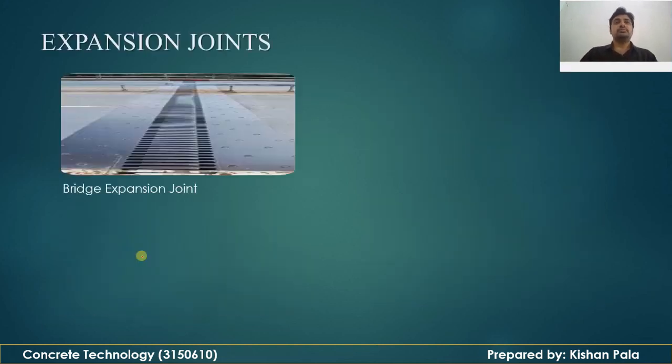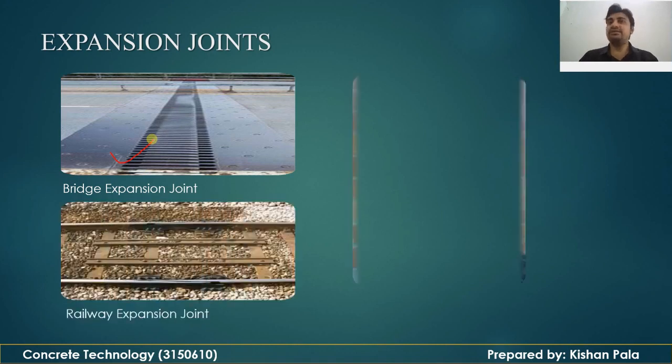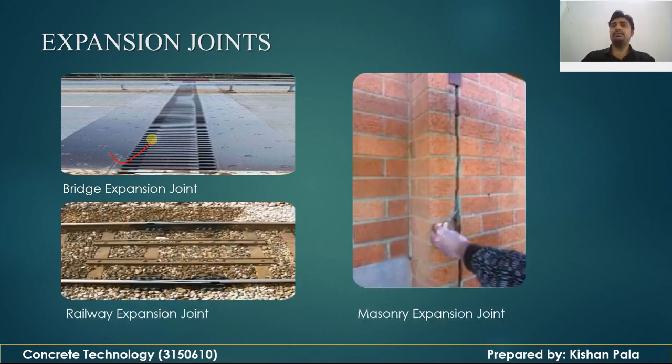So we have to provide it in different cases. For example, in a bridge, you can see in the photo, this is the expansion joint provided in the bridge, in railways, and in some cases in masonry structures.